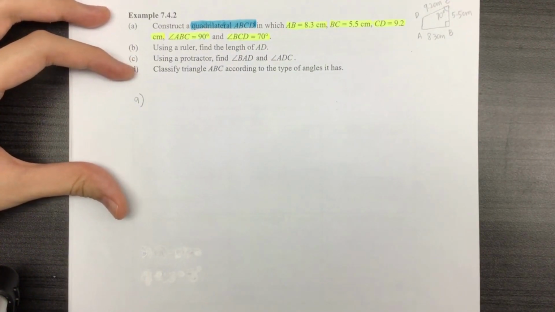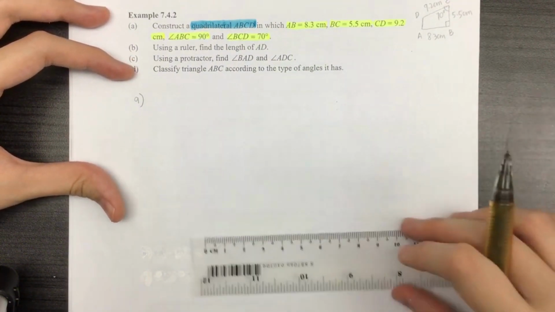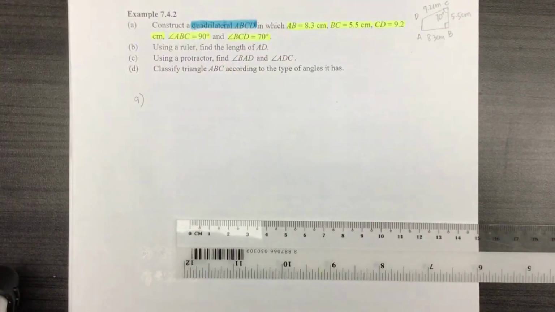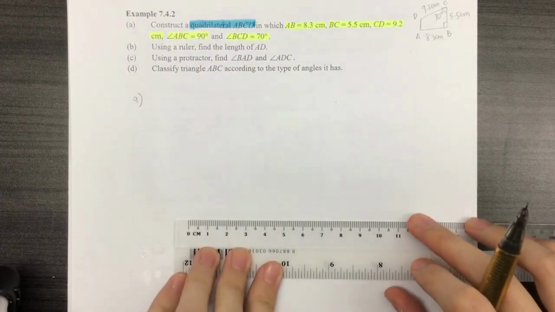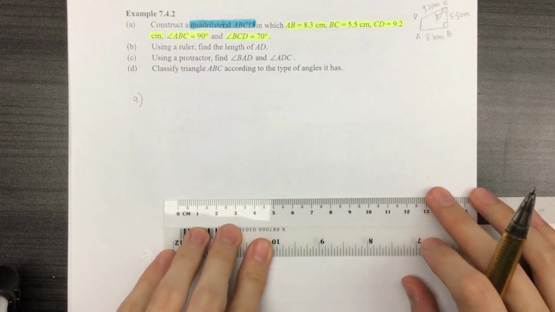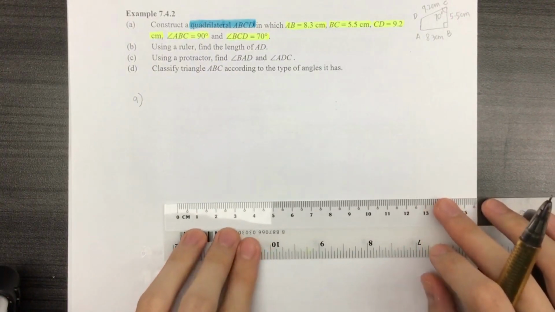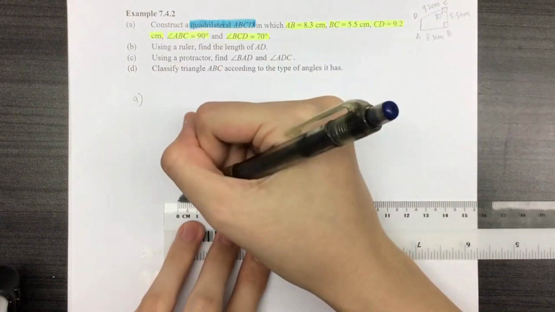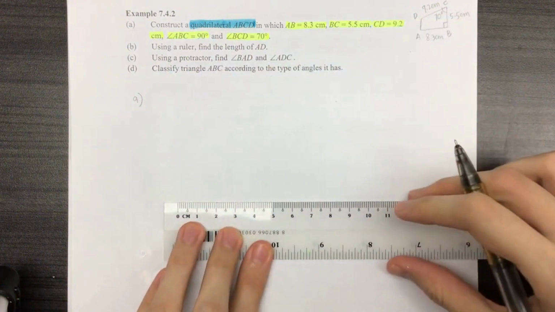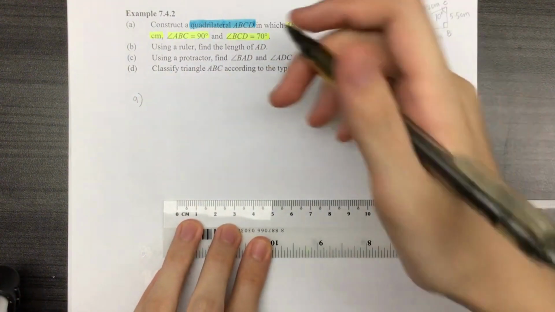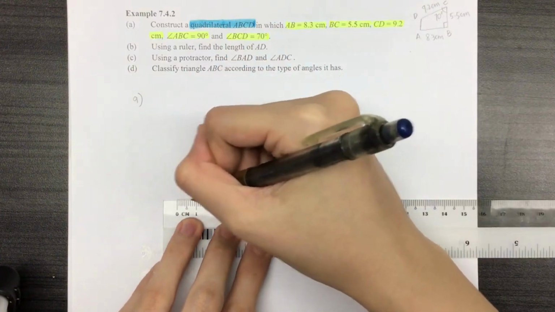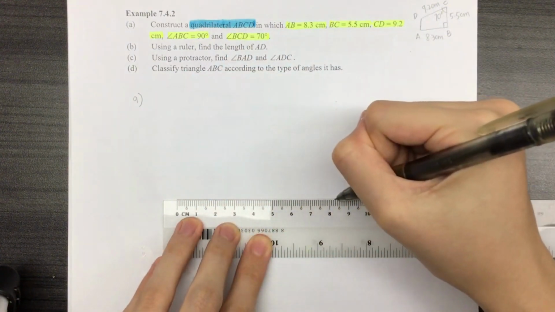We'll first start off with a line segment AB of 8.3 cm. So we will use a ruler and from 0, we'll draw out a line segment of 8.3.